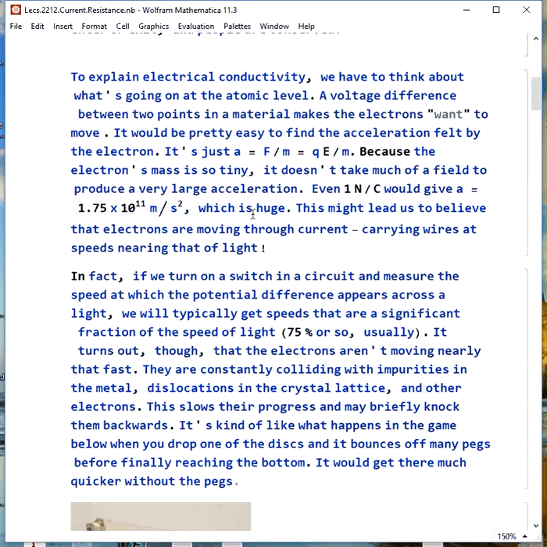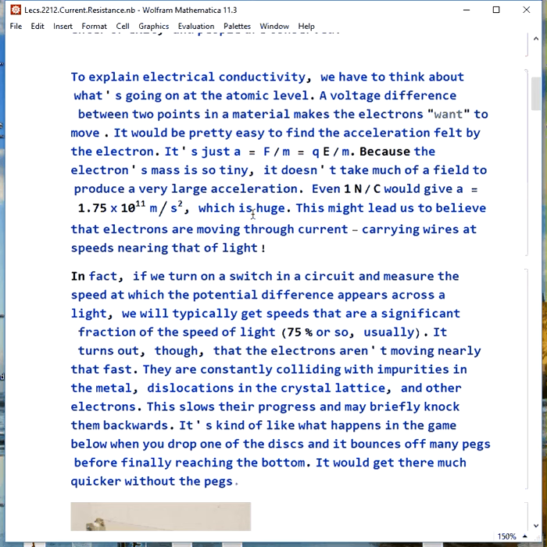Now, if we want to think about explaining electrical conductivity, we have to think about the atomic level. Here, voltage difference between 2 points in a material makes electrons want to move. It would be easy to find the acceleration the electron feels, since we know acceleration is F over m and F is QE.